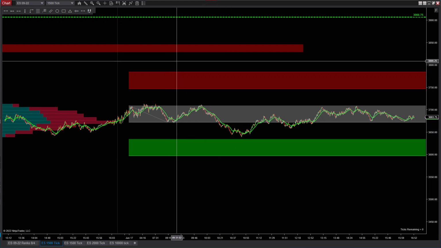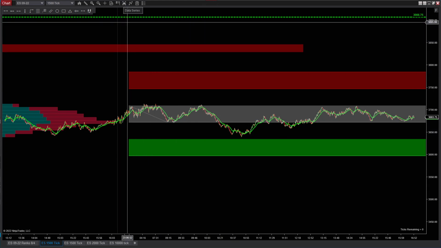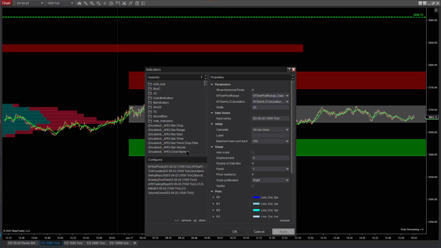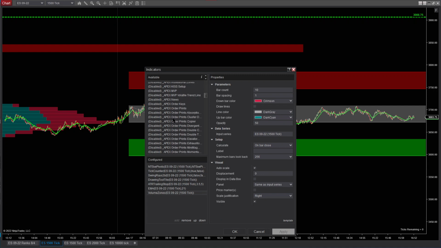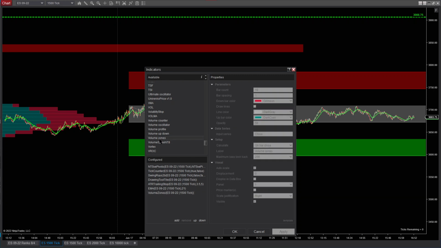So first of all, let me go to the indicators, which is this icon here. If you go down, you look for volume zones, that one there.